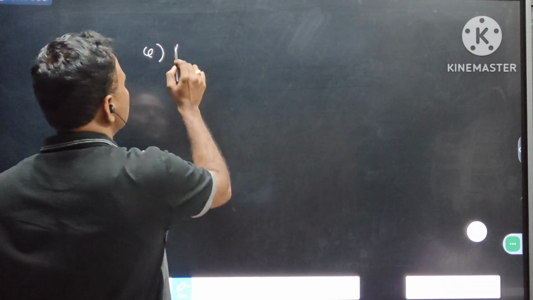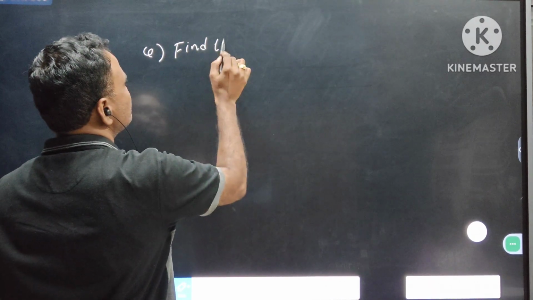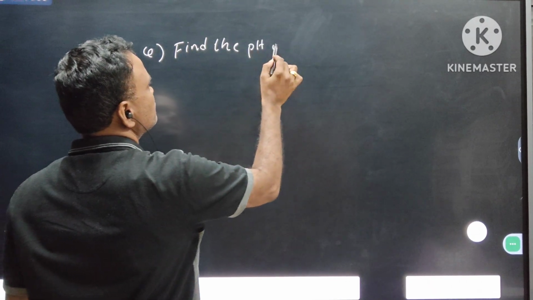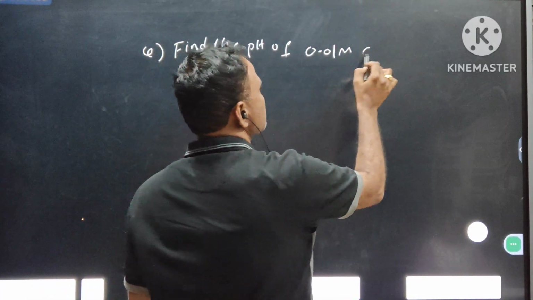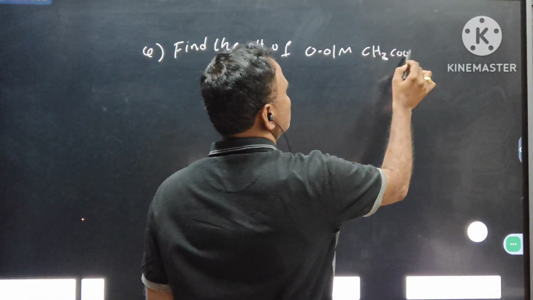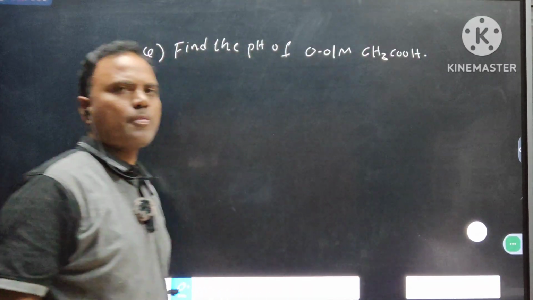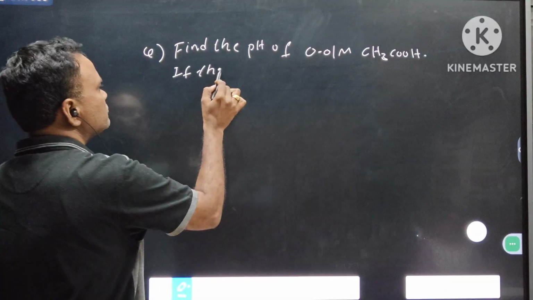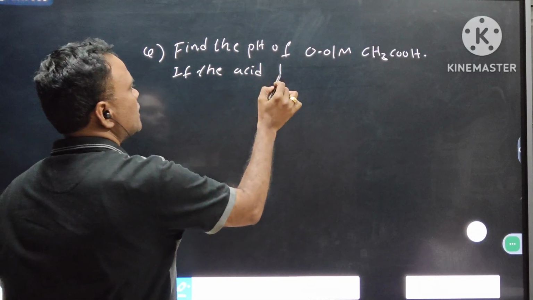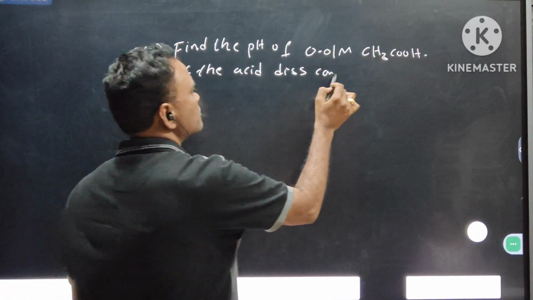See the question. Find the pH of 0.01 molar acetic acid with the acid dissociation constant.